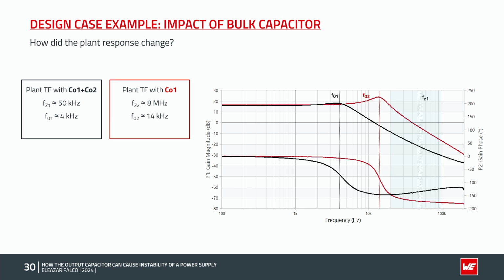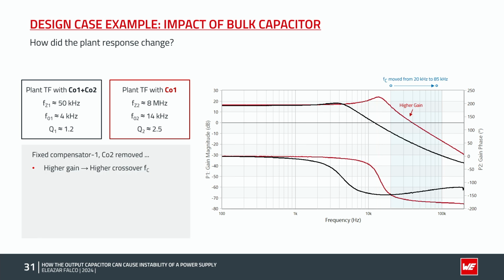We can also see how the double pole frequency moves from 4 kHz with the bulk capacitor to a higher 14 kHz frequency with CO1 only, while the quality factor increases from 1.2 to 2.5, which we can see from the peaking of the two responses.